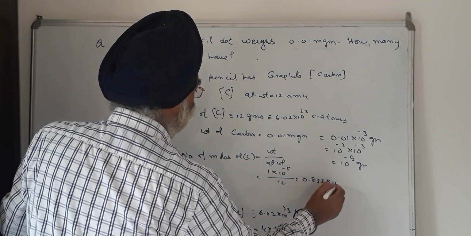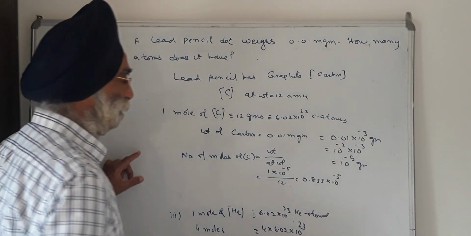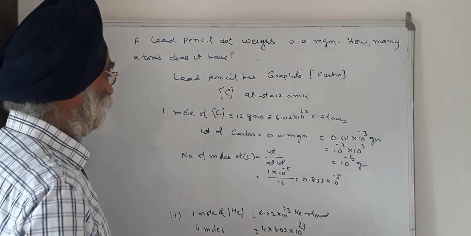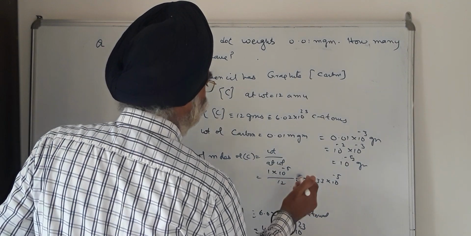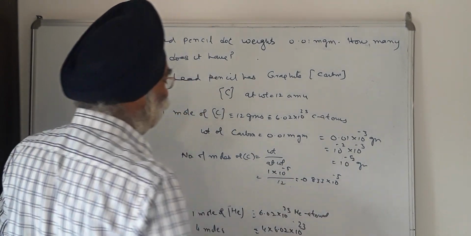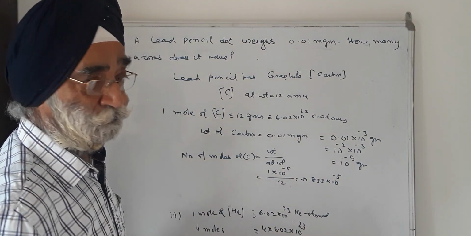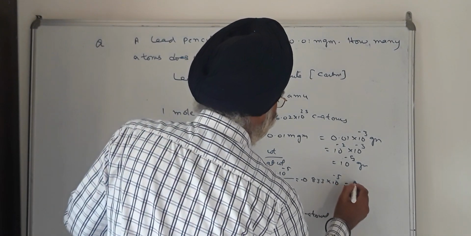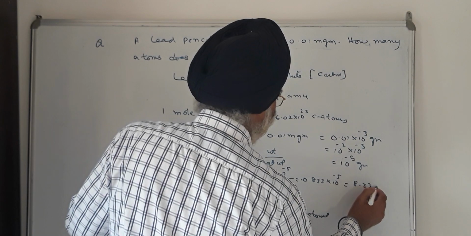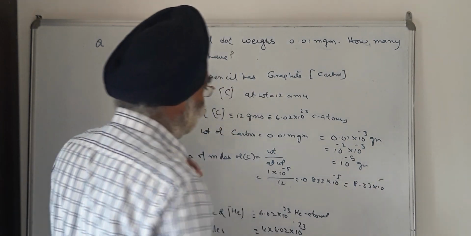0.833 into 10 raised to the power minus 5, or 0.0833 into this, or 8.33 into 10 raised to the power minus.